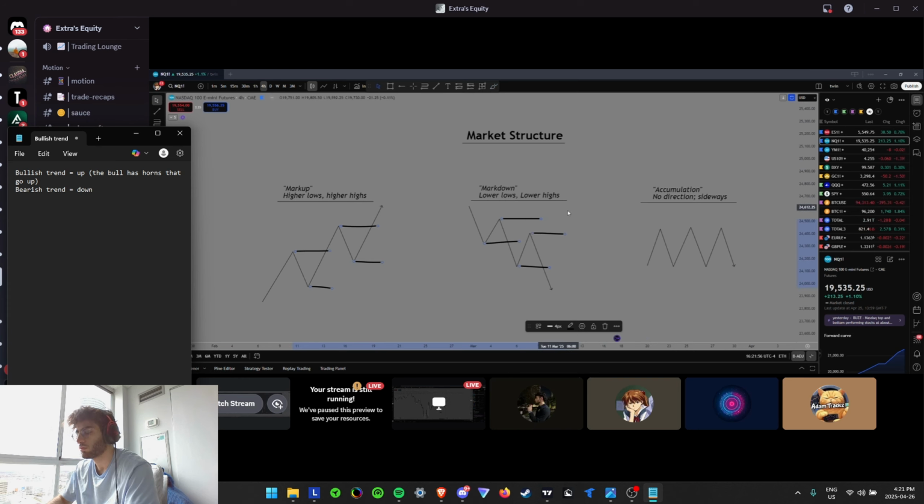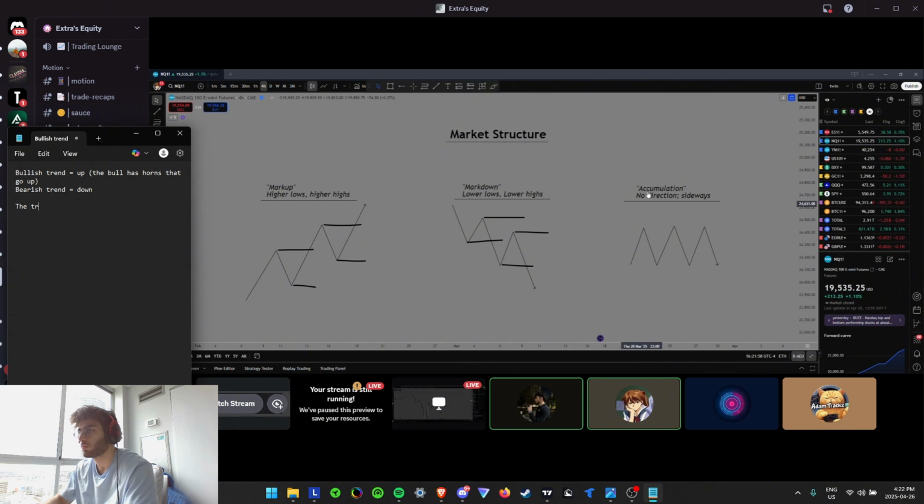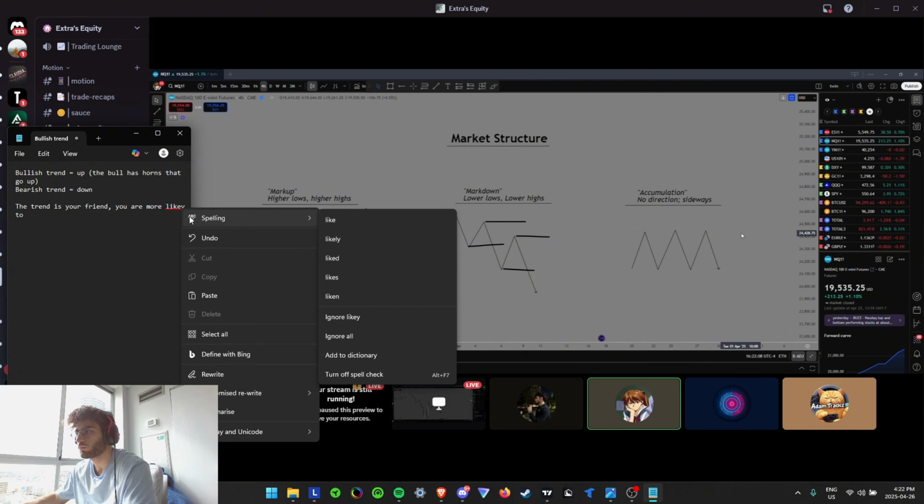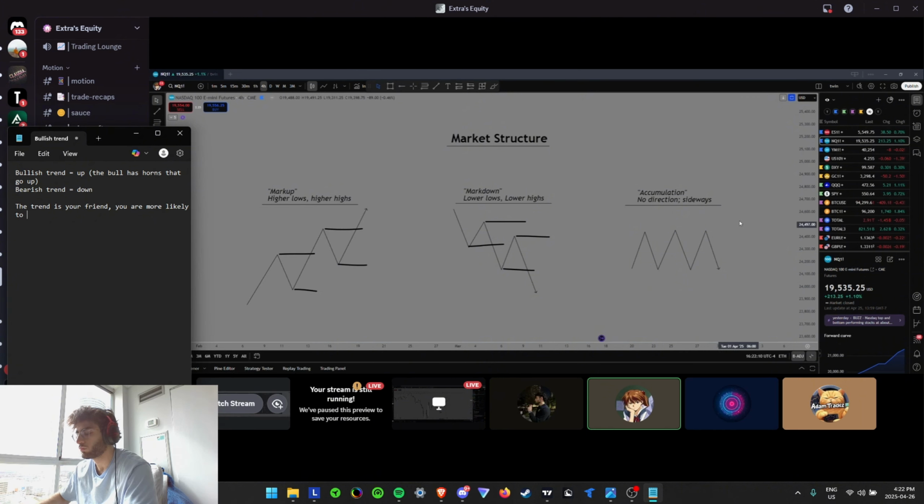And then, last but not least, we have accumulation. This is a trend which is not going anywhere. You're basically going sideways. You're not going in any direction in the market. This is often when you're in low volume conditions or times when there is not much activity in the market. You're not seeing any higher lows or higher highs form.